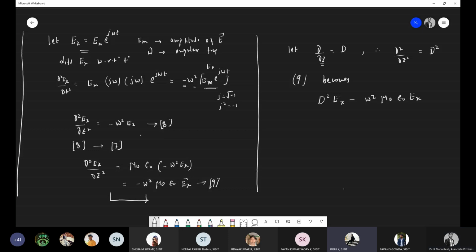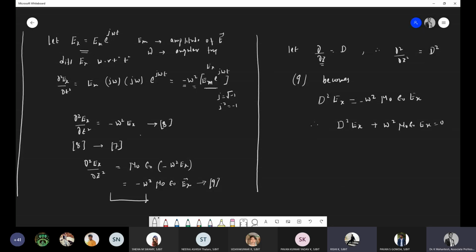So this is equal to minus. Okay, so now I can rewrite this equation as D square Ex plus omega square mu naught epsilon naught Ex is equal to 0.